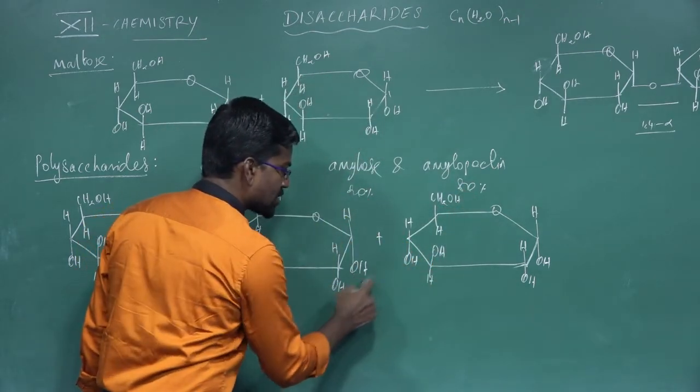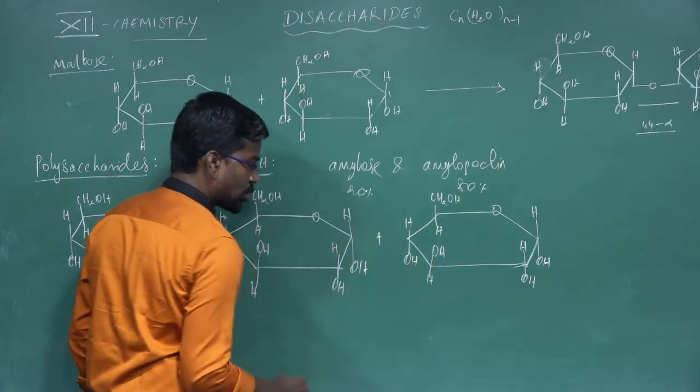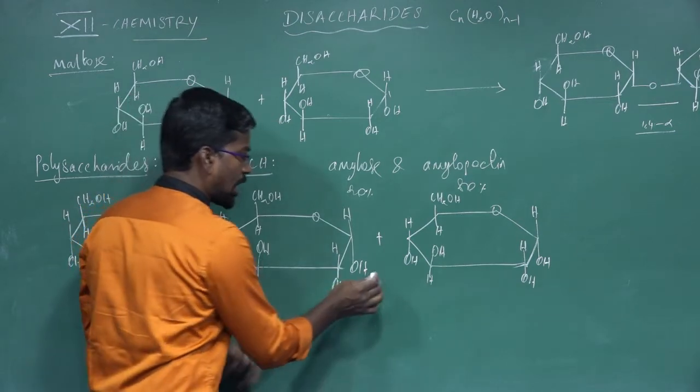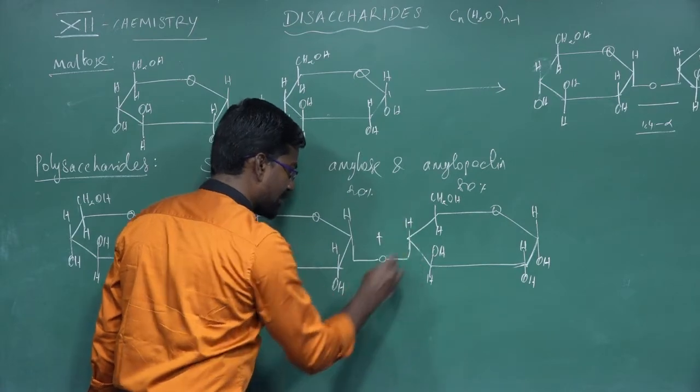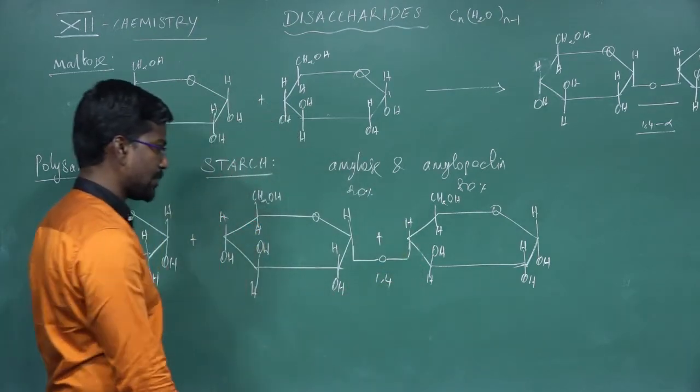The two OH groups can combine with each other, removing a water molecule to form a 1,4 oxide bridge. It is a 1,4 oxide bridge.